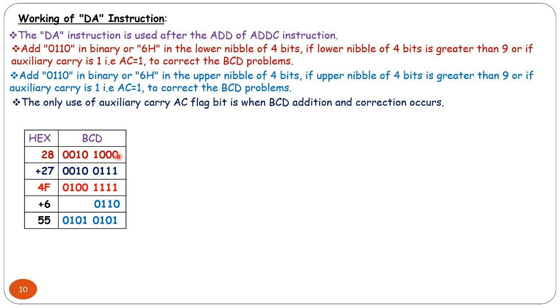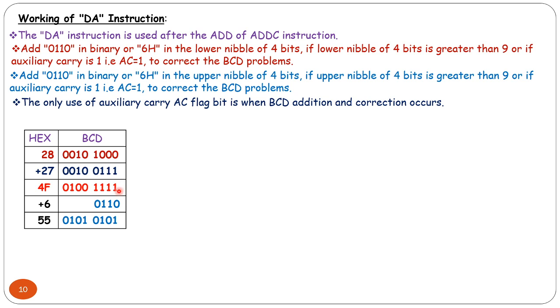When this is added, 0 plus 0 will be 1, 0 plus 1 will be 1, 1 plus 1 will be 0, carry 1, and so on. So this is 4 and this is F. The upper nibble 4 is less than 9, so there will be no change. But the lower nibble is greater than 9.